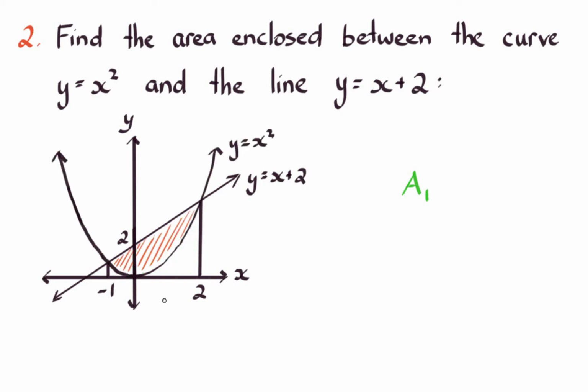So in order to find the area that we are after, A, we can take area 1, which was the green area, and subtract the area that is underneath the parabola, which is this area here.